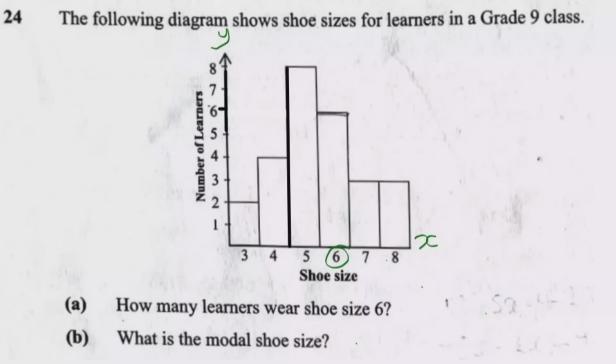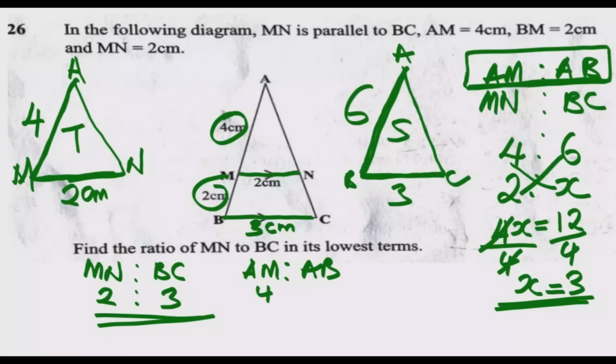MN to BC. Okay, so the other method you can use is you just pick these sides, the side of AM to AB. Then AM is equal to 4, then AB is equal to 6.